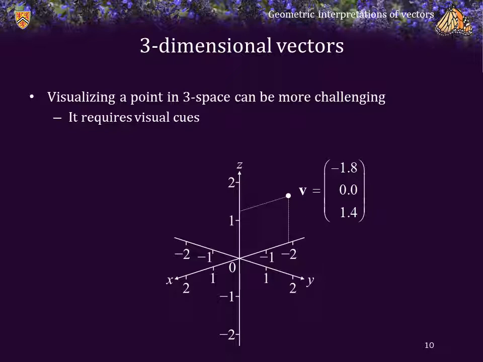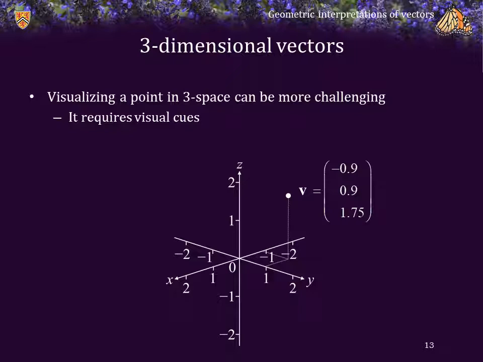Or is this vector v a point in the yz plane? Or once again, is it a point in the xy plane? Or is it this point that is in none of the three planes?